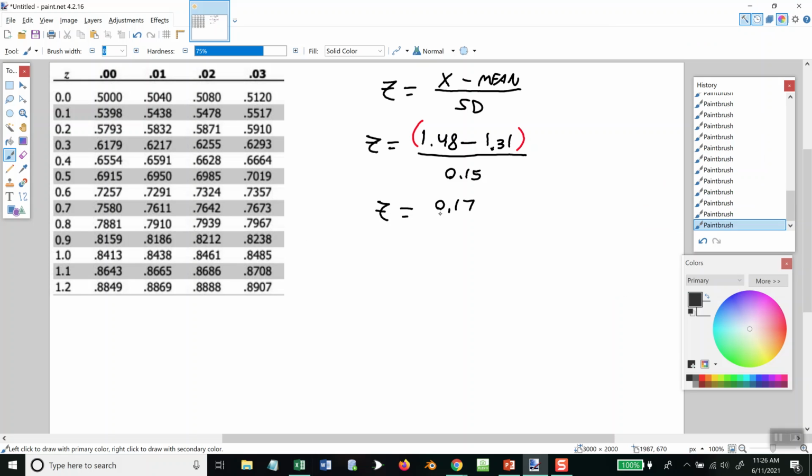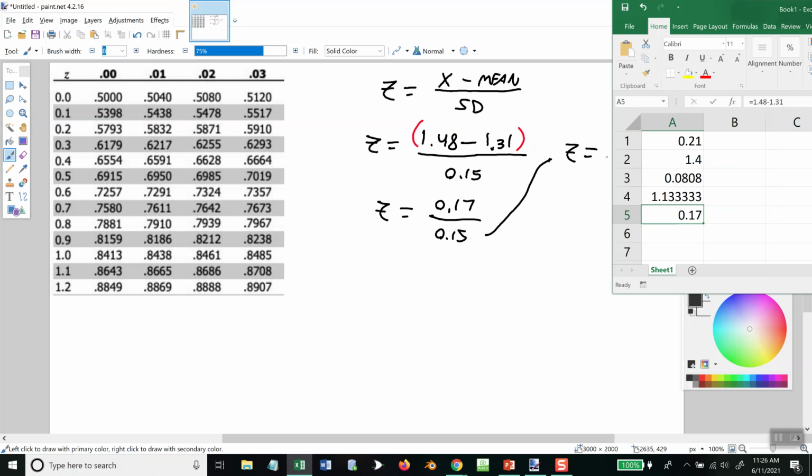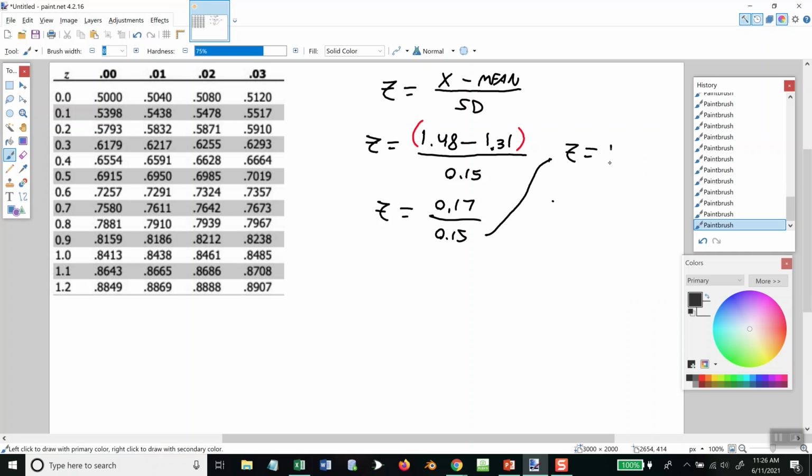We're working too many problems this morning. Then do that division. 1.13, and take it to two decimal places. 1.13.